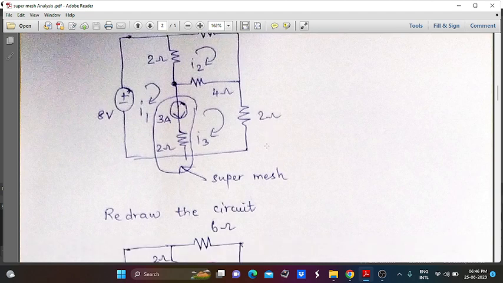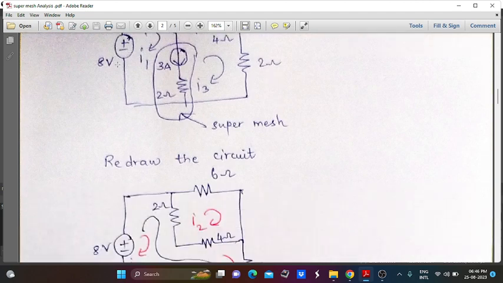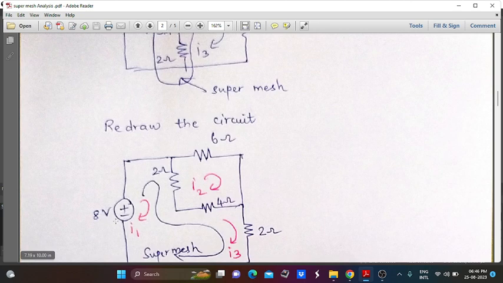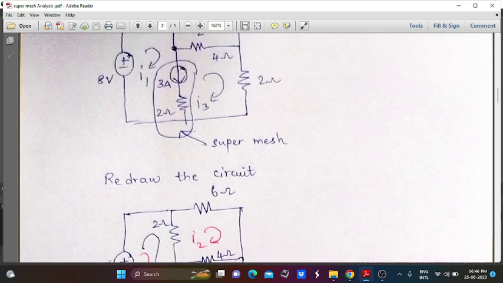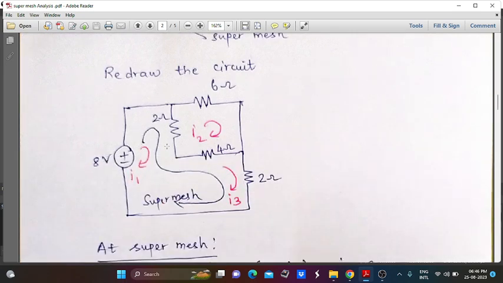Now we can redraw the circuit. The same 8 volt source is retained here, and the 2 ohm resistor, 6 ohm resistor and 4 ohm resistor are also retained. Now we have to remove this super mesh area, and we have to consider these two meshes, that is I1 and I3, combined in a single mesh.